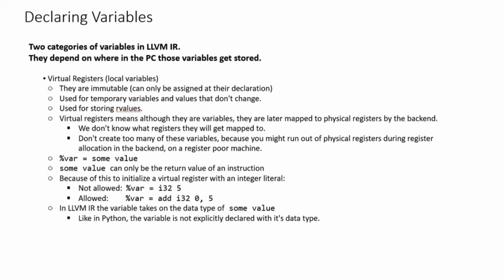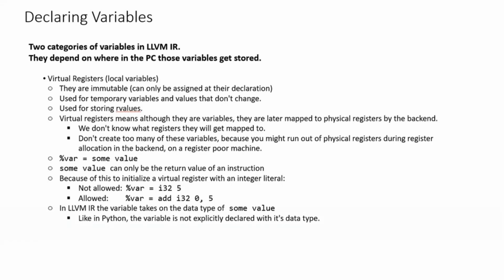So now, having knowledge of data types, we would want to declare variables. So there are two categories of variables in LLVM intermediate representation, and they depend on where in the PC those variables get stored.